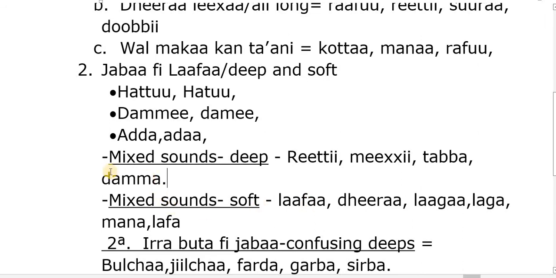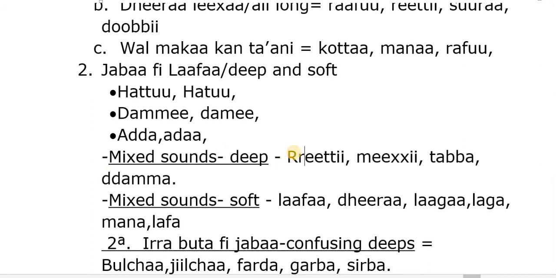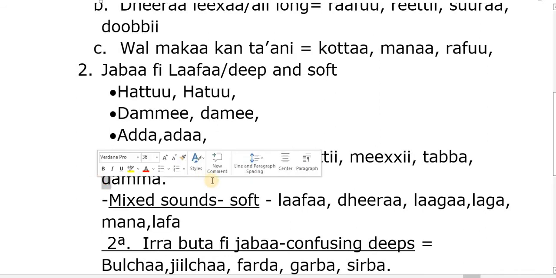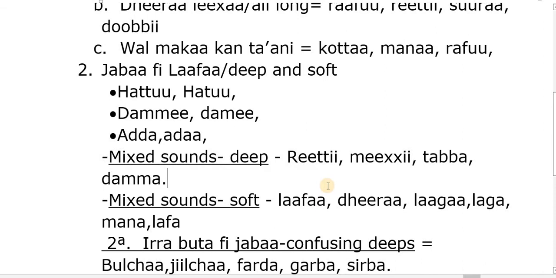Because of that, you never see a sound at the beginning in Oromo made stronger or repeated like this. That's one thing. We don't have a strong sound at the beginning of the word. Nothing at all.